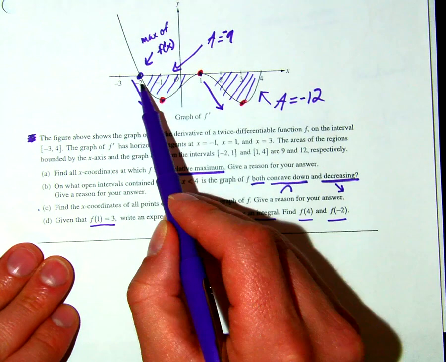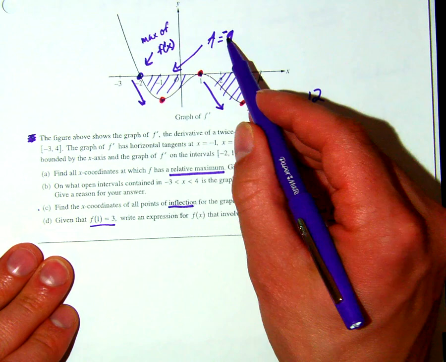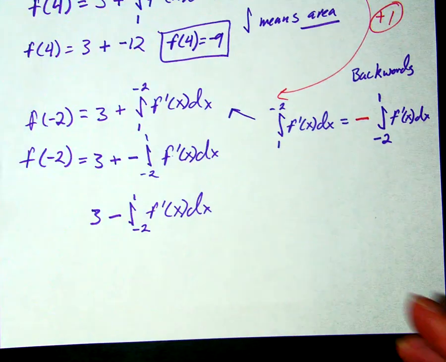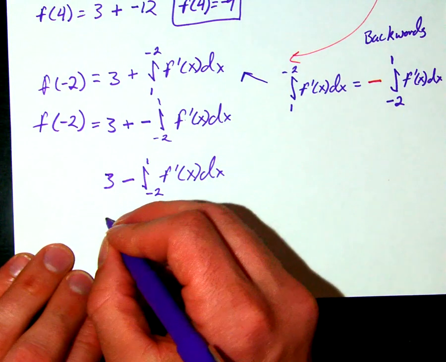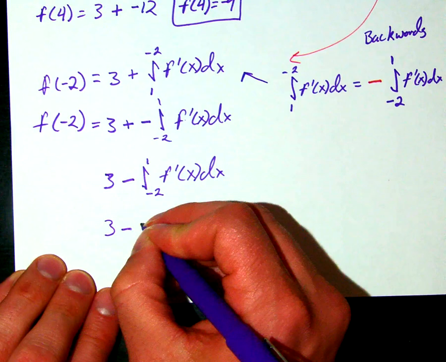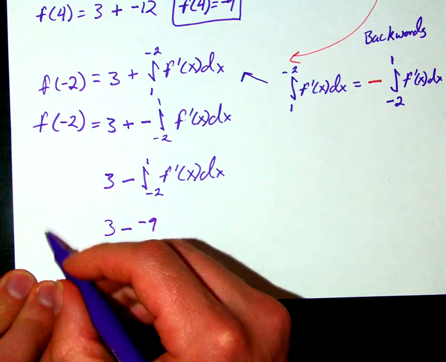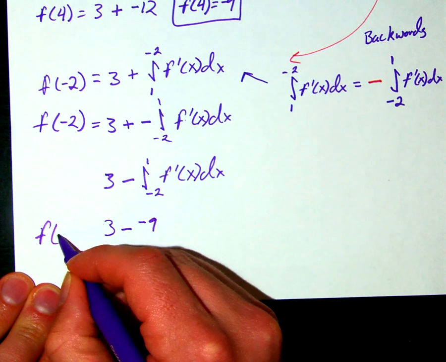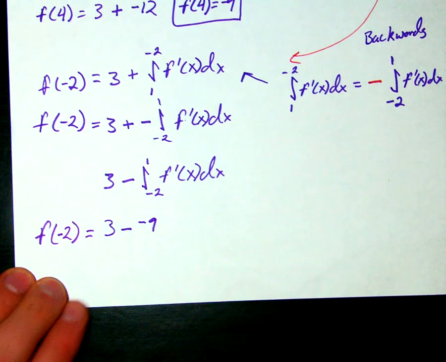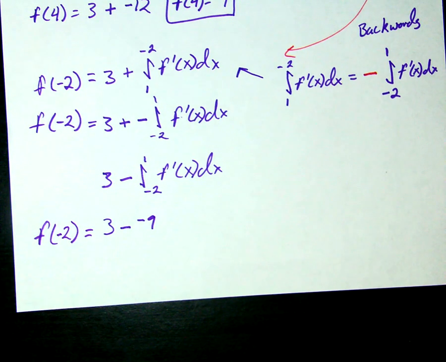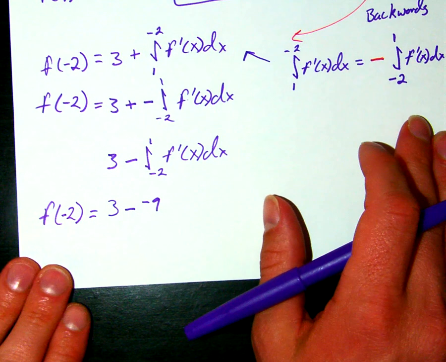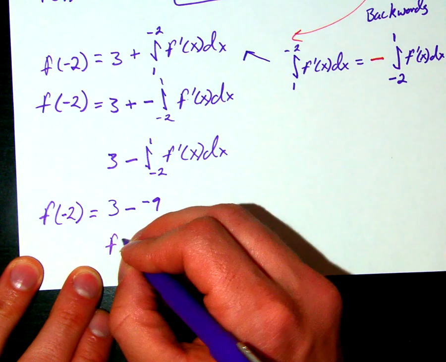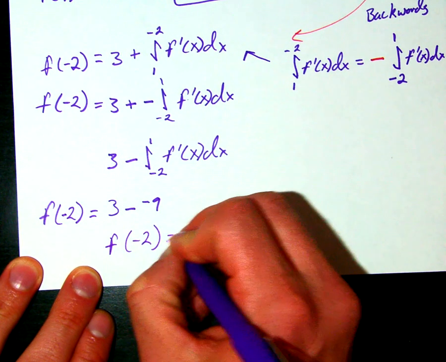The area from -2 to 1 is -9. So, and get this, we get 3 minus a -9 is f of -2. You're fine to leave it like that. Don't make a mistake. If you wind up with 6 or -6 or something, you just lost a point because f of -2 here would be equal to 12.